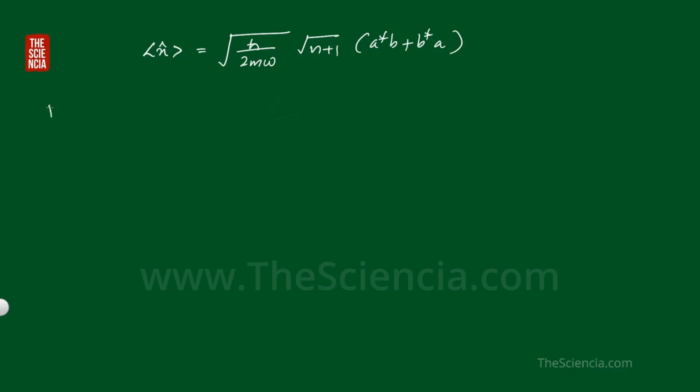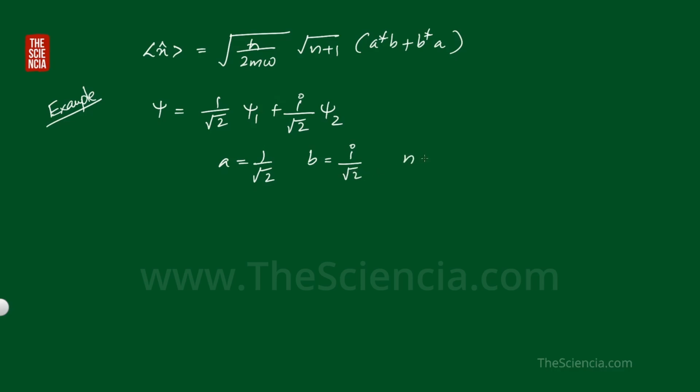Now example problems. This state is a linear combination of two states, that is psi is equal to 1 by root 2 psi 1 plus i by root 2 psi 2. That is, here a is equal to 1 by root 2 and b is equal to i by root 2.